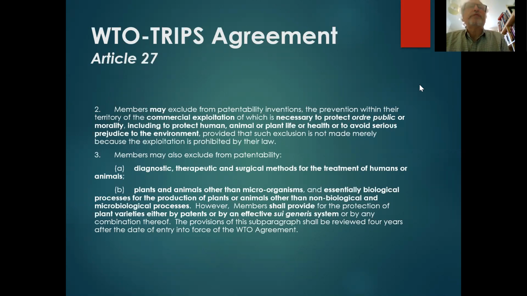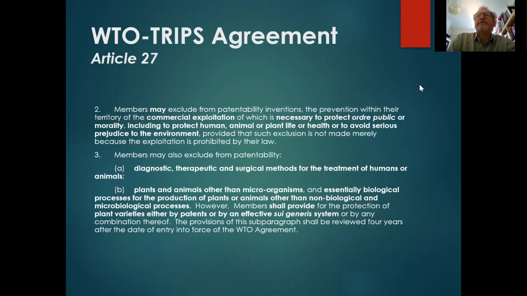Okay, Article 27. I've already mentioned 27.1, but I haven't mentioned Article 27.2. And here are some quite interesting measures which reflect the fact that, when you look at this text, you'll see that it borrows a lot of language from the European Patent Convention.